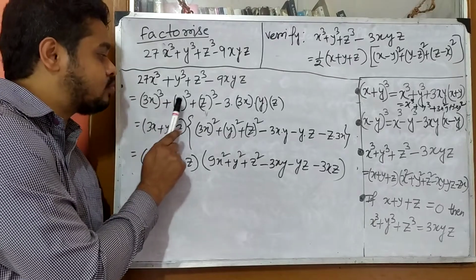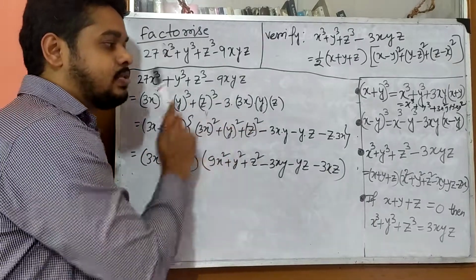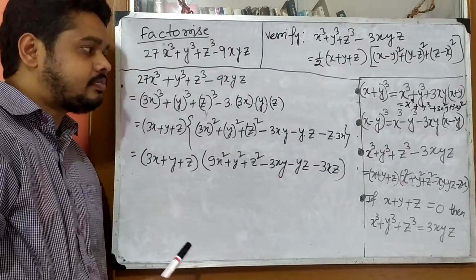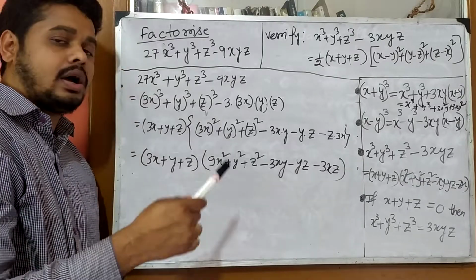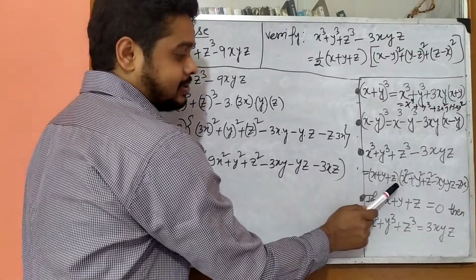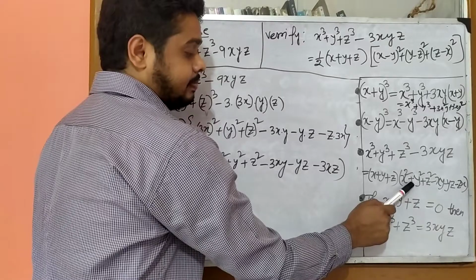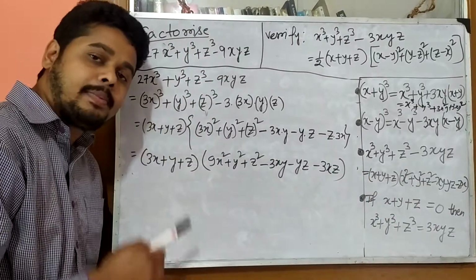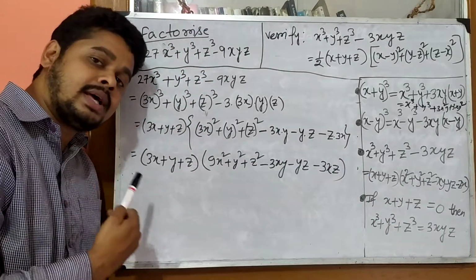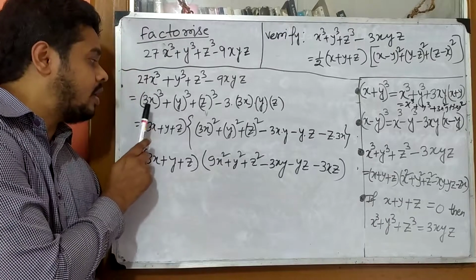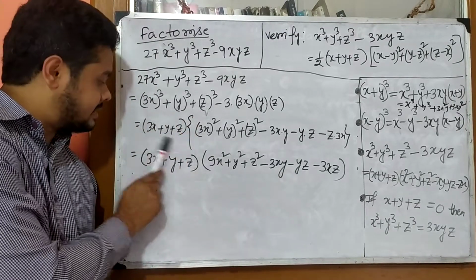Now x cube plus y cube plus z cube minus 3xyz. What is the formula of that identity? Equals x plus y plus z into x square plus y square plus z square minus xy minus yz minus zx. So x plus y plus z.